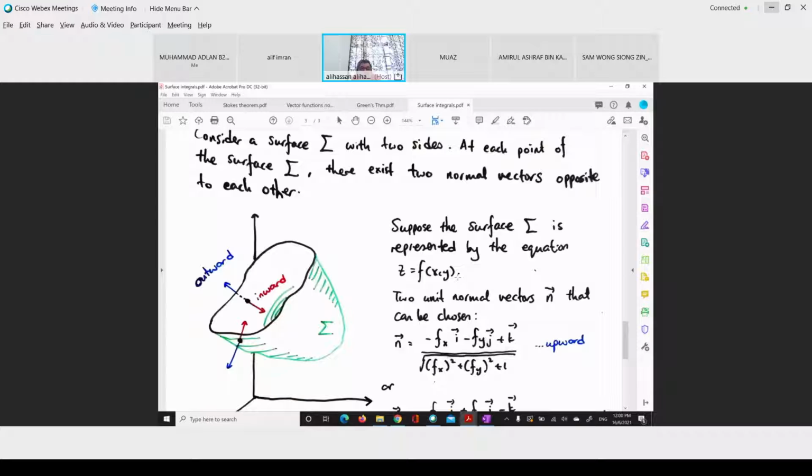So we have a surface sigma, and suppose this is the normal vector here. We consider this direction as the normal vector n, and suppose fluid is flowing in the same direction as the normal vector n. The normal vector is perpendicular to the surface sigma.